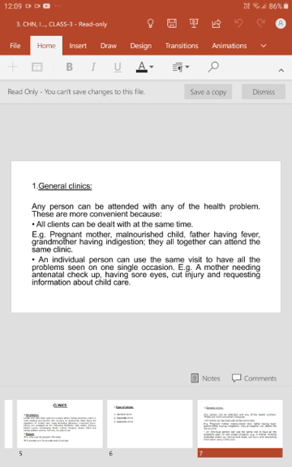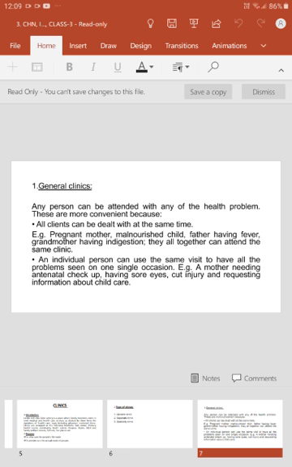Second one is the separate clinic. In separate clinics, a number of separate clinics run on different days in a week. There are so many separate clinics, held on different days. This system is used where assessing is very easy and the number of clients is very large.